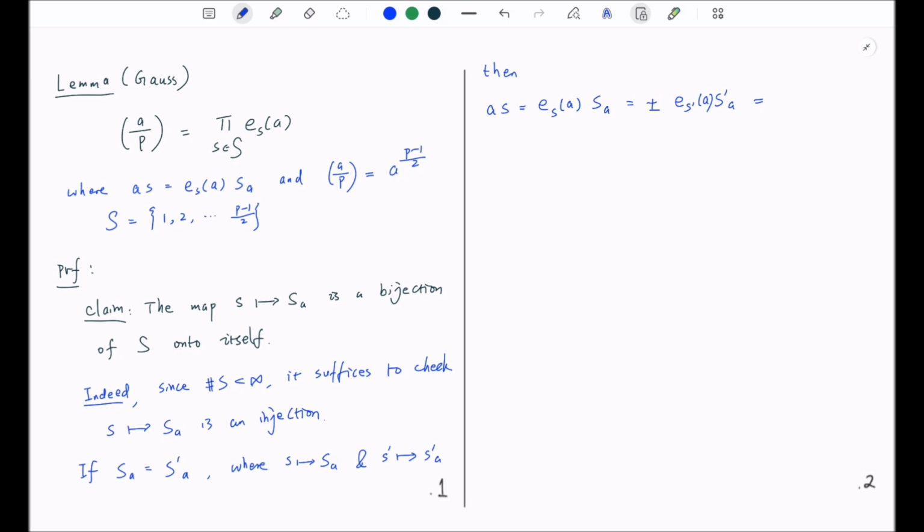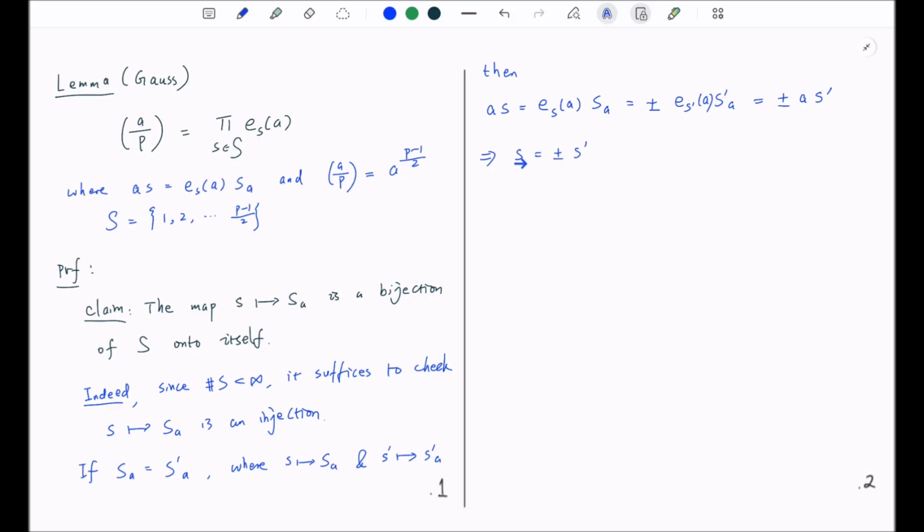And if we continue with the right hand side, we get plus minus A times S prime. So we obtained that A times S is equal to plus minus A times S prime. This implies S is equal to plus minus S prime.